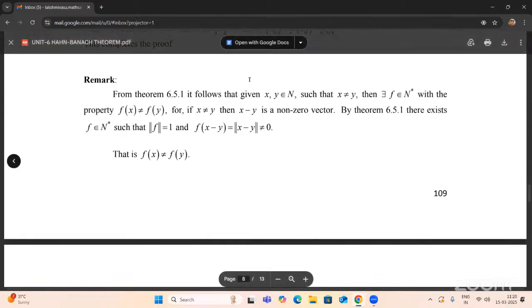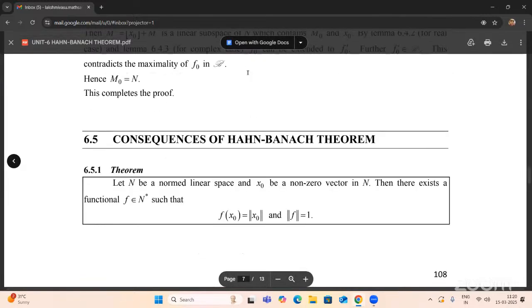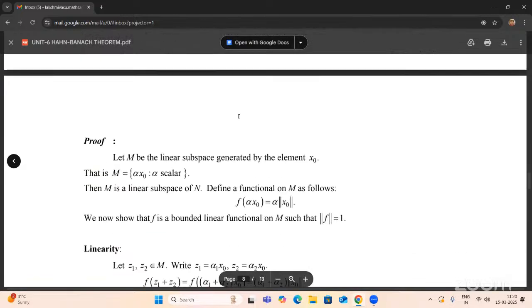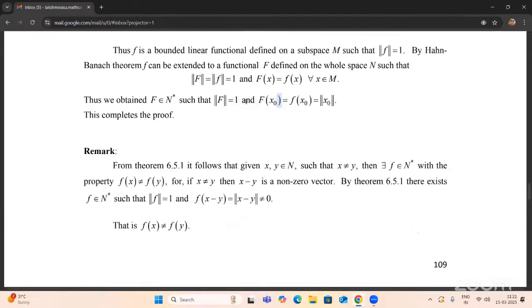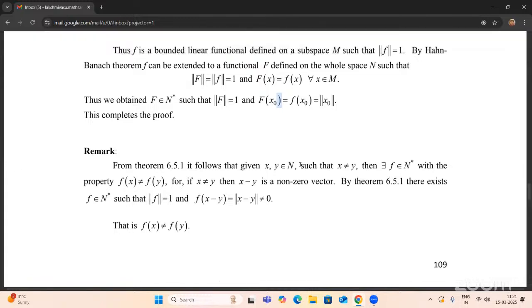Okay, students, listen carefully. Now in the above theorem, you have to see and refer here. Remark. From the above theorem, it follows that given x and y both in a normed linear space N, such that x is not equal to y, then there exists f belonging to N star with the property f of x not equal to f of y.